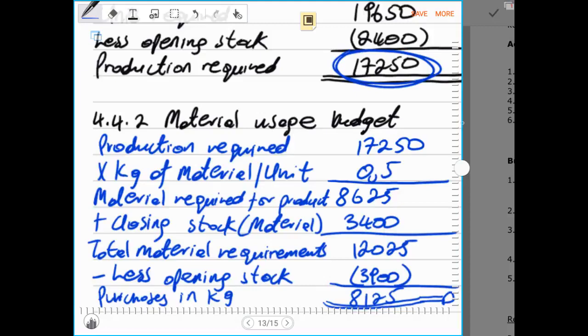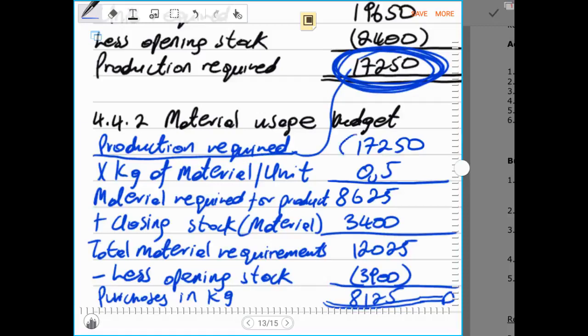Then that was the material usage budget, and it's very important to know that you take the production requirement, and the production requirement comes from the production budget. As it is, these are the units that are needed for production.